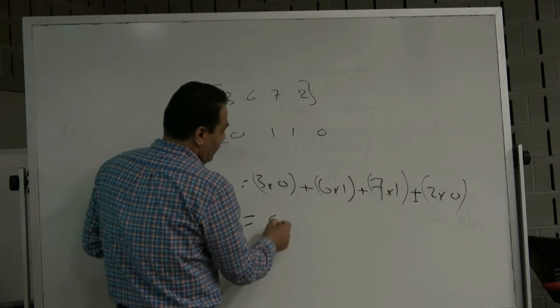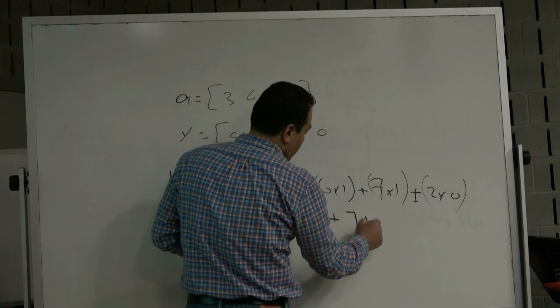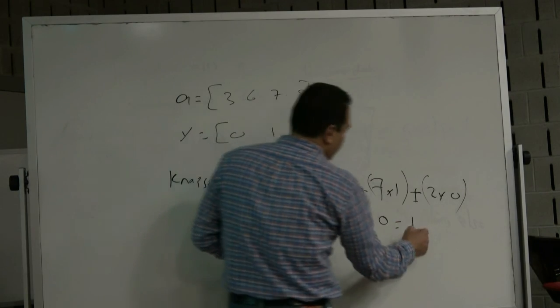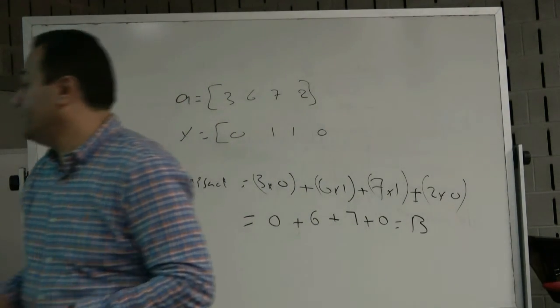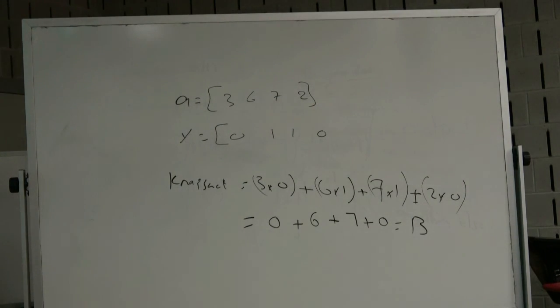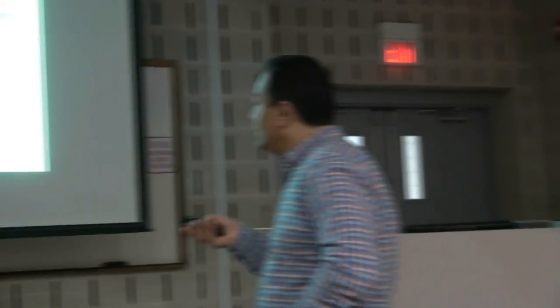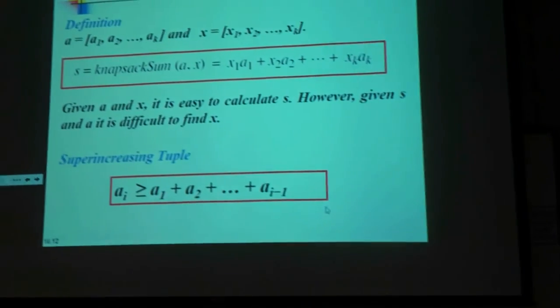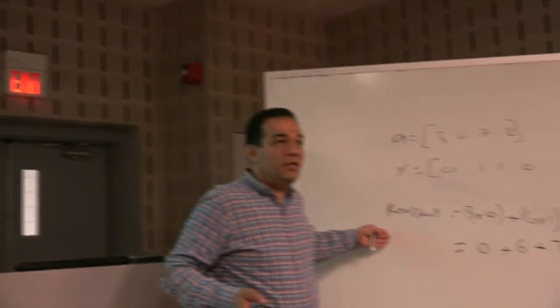So that equals 0 plus 6 plus 7 plus 0, which equals 13. Okay. So given A and X, it is easy to calculate S. We calculated it very easily. That's the rule, that's a function. Easy, right?